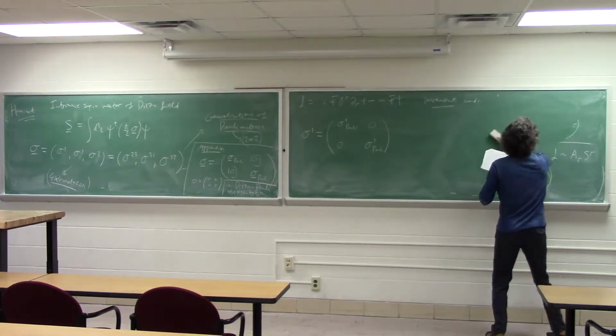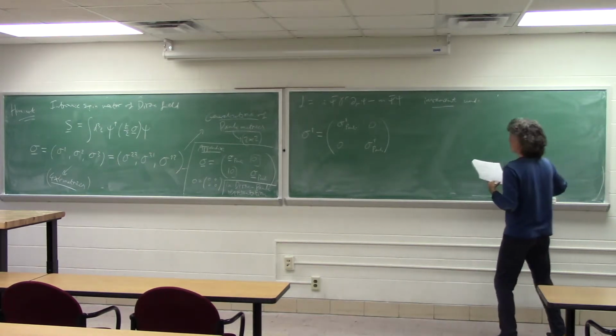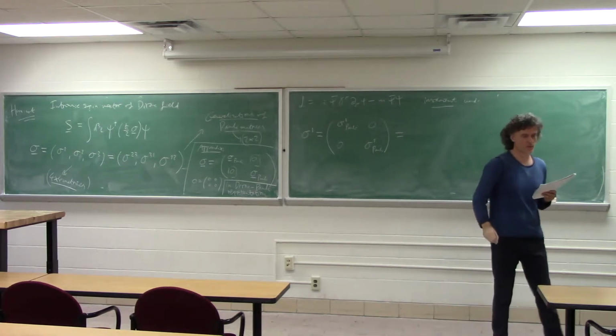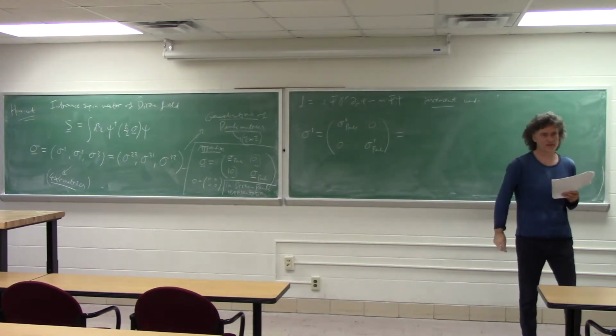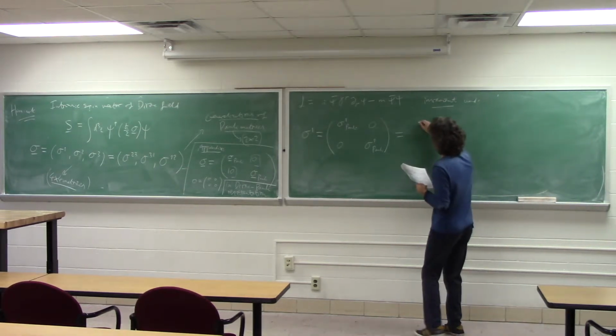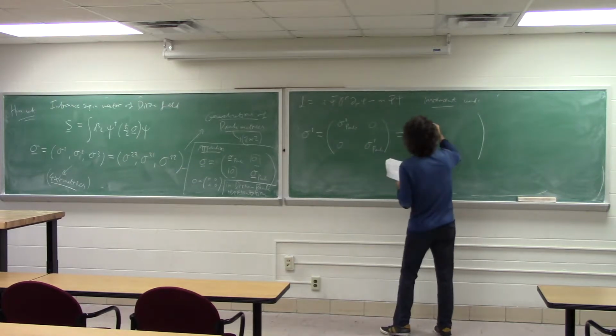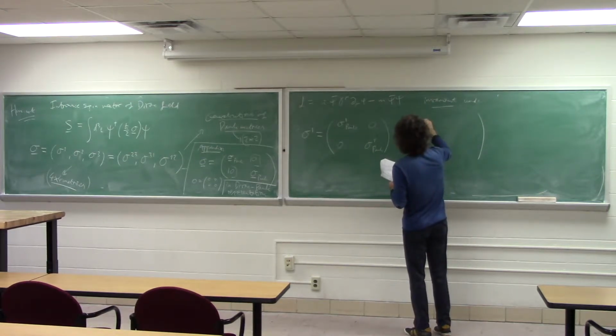One of the achievements in life that I've always aimed for, always failed to do, is to memorize the Cowley spin matrices. But anyway, sigma 1 Cowley is a 2 by 2 matrix, which I'll just write like this.